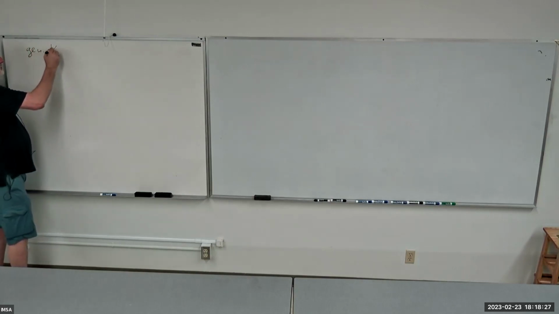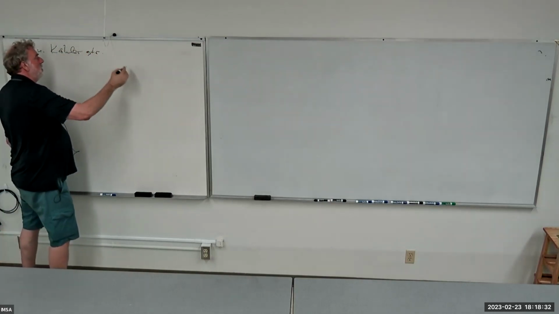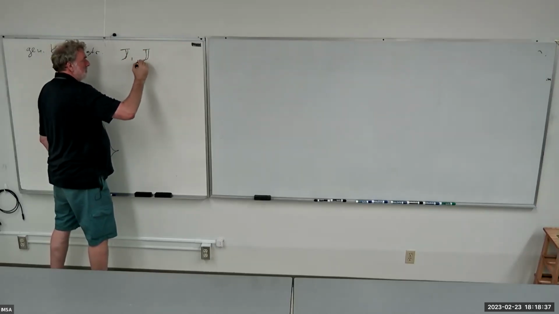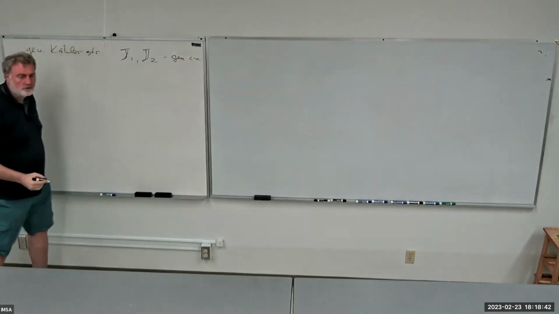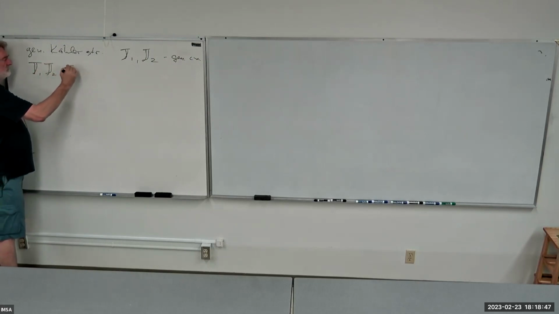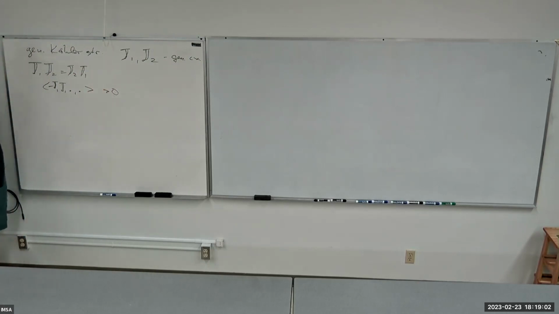So the generalized Kähler structure in this classical sense means two generalized complex structures which commute, and this map, I think, is positive definite.